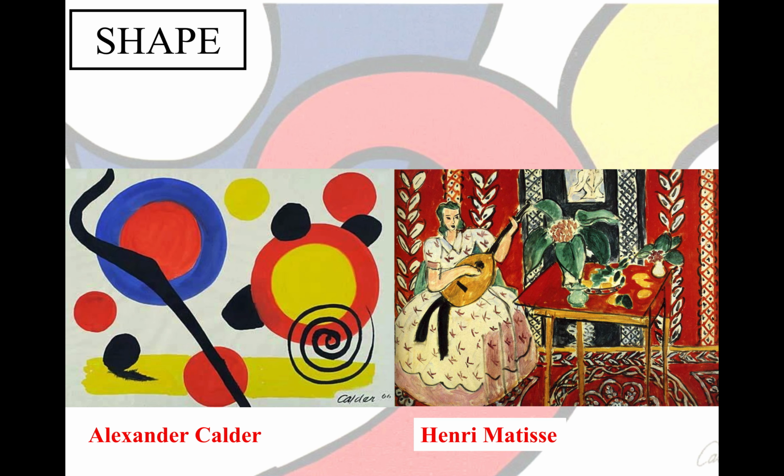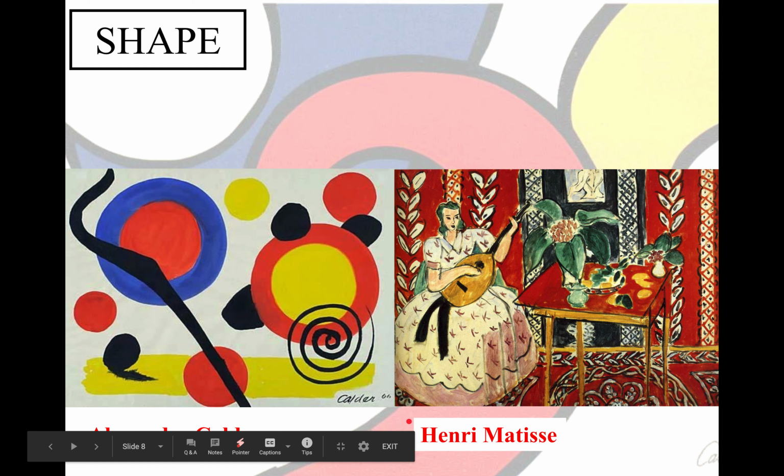All right, our next element of art is shape, and we've got two artworks here, one by Alexander Calder and then one by Henri Matisse.